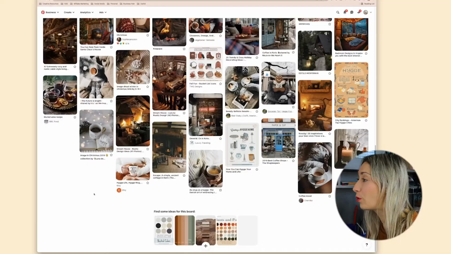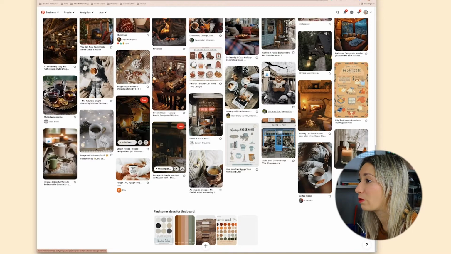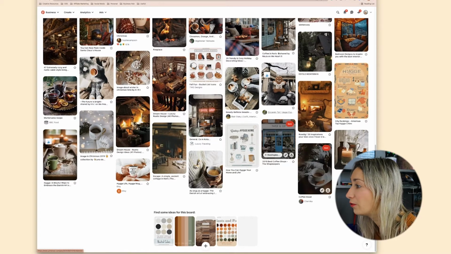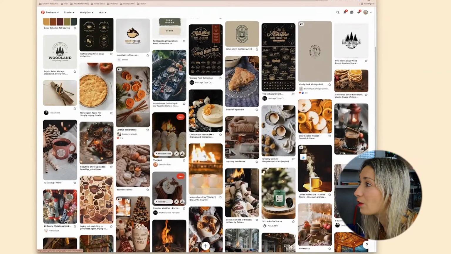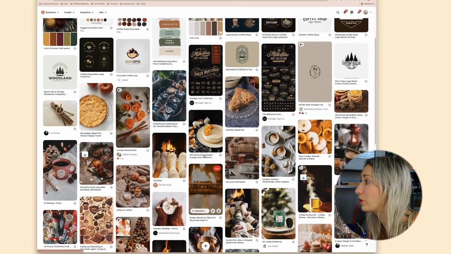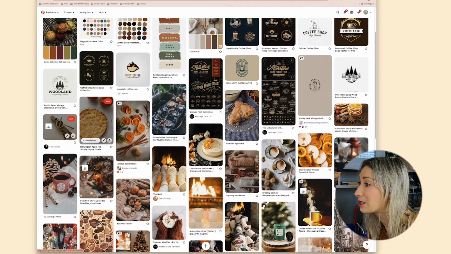Alright guys, we curated about 70 pins into our Hygge Coffe Co board. So here is what I came up with: coffees and coffee shops and some cookies, and I even got some illustrations of fires, fireplaces, more illustrations, and some pies, socks.